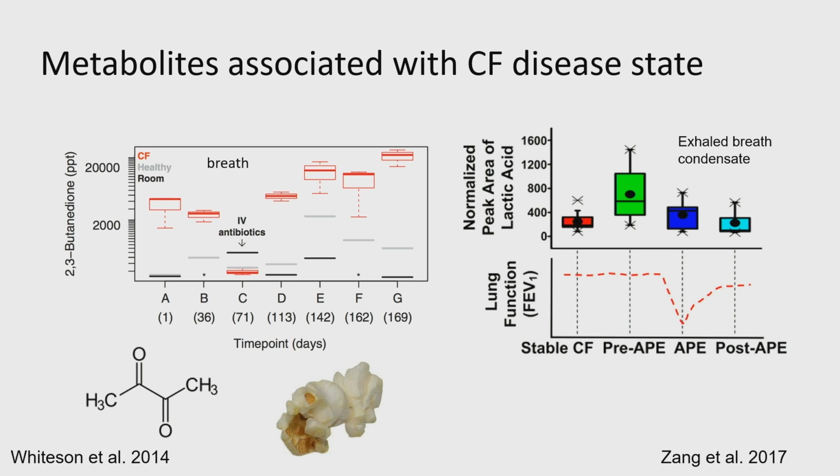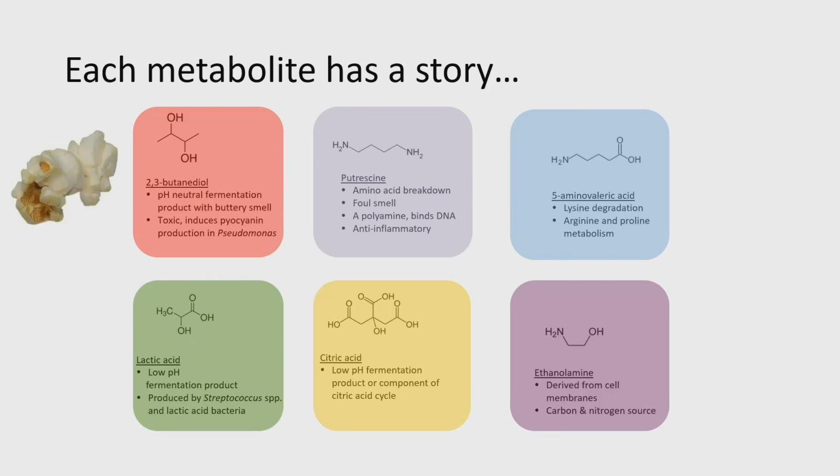And similarly, lactic acid, which has come up quite a few times this morning as well, is a molecule that has been shown to be potentially associated with the onset of exacerbation. So I've always had my eye on these molecules that are coming often from the oral microbes, which can travel and can start to become more abundant potentially. And they often have low pH, which is another indicator that could be really useful in following the infection dynamic.